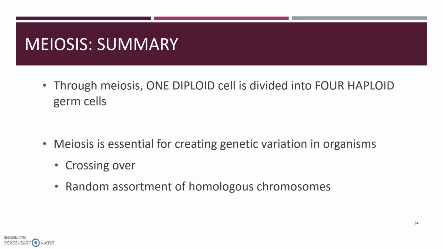And so ultimately, through meiosis, multiple goals are achieved, right? One diploid cell is divided into 4 haploid germ cells or gametes. And genetic variation is created during meiosis by crossing over in prophase 1 and by the random assortment of chromosomes in metaphase 1 and metaphase 2.